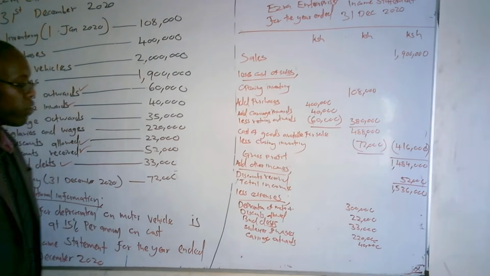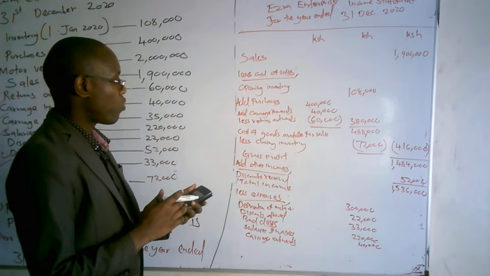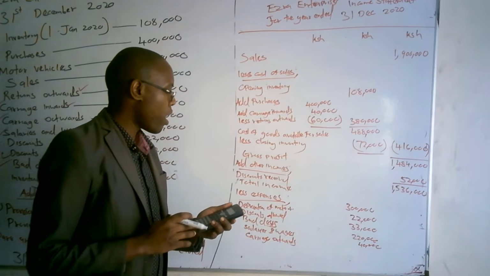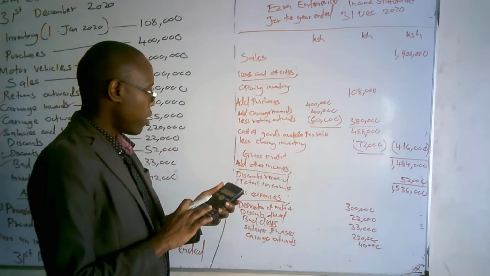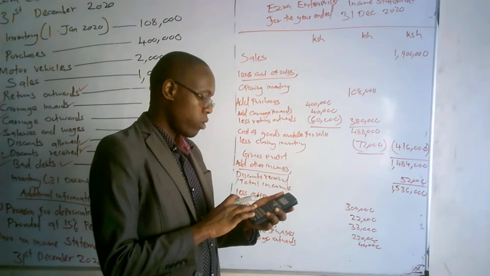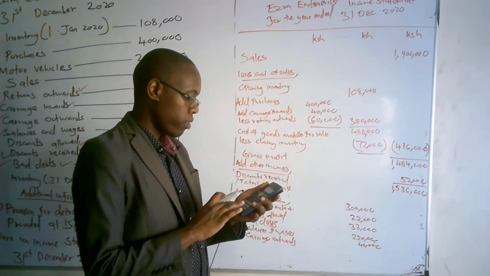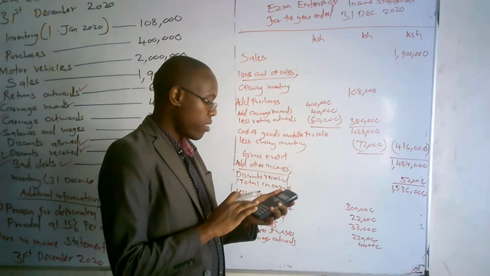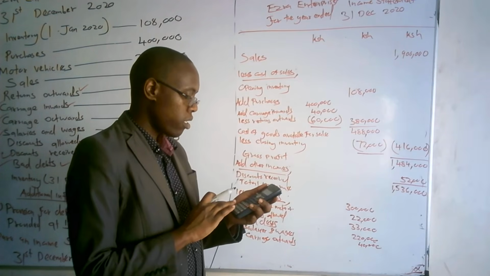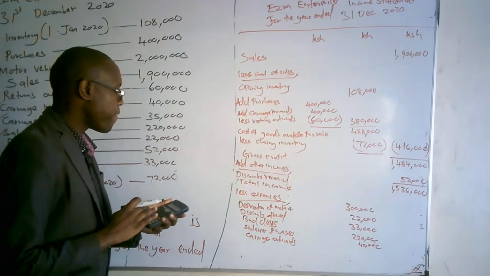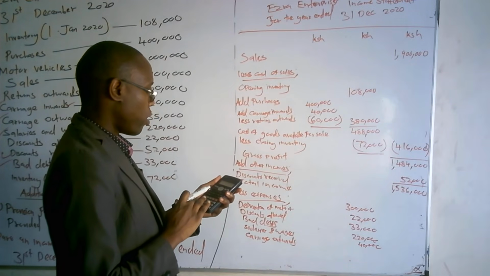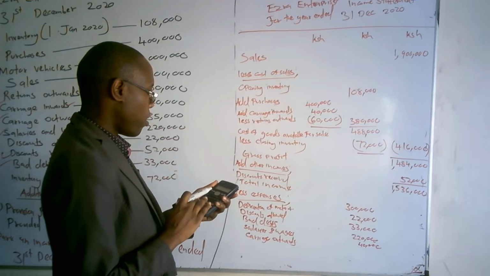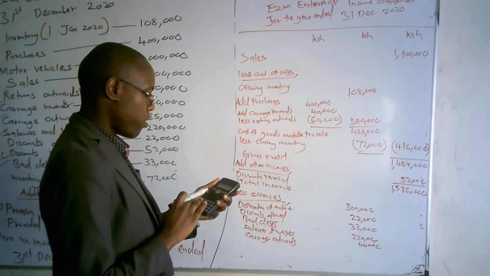So what we are going to do now is add all expenses. I start with 300,000, and then I add the 22,000 there, and then I add 33,000, and then I add 220,000, and then 40,000.